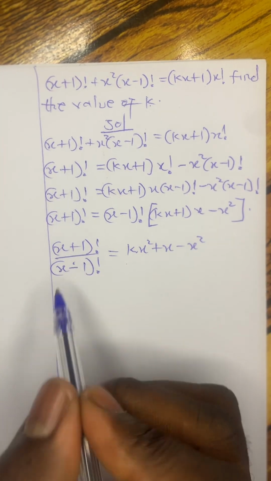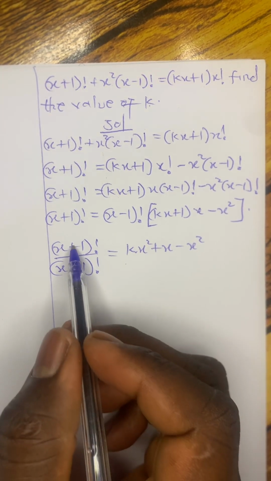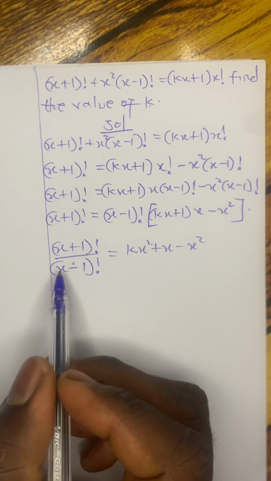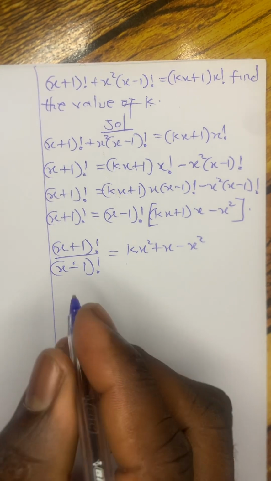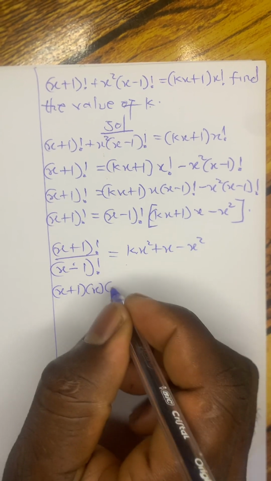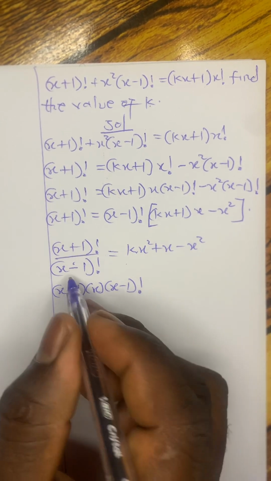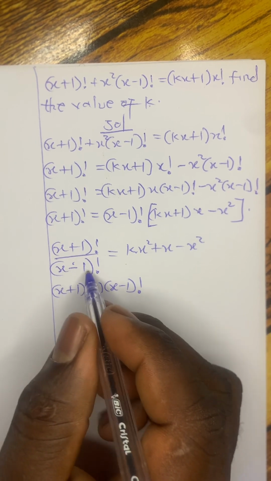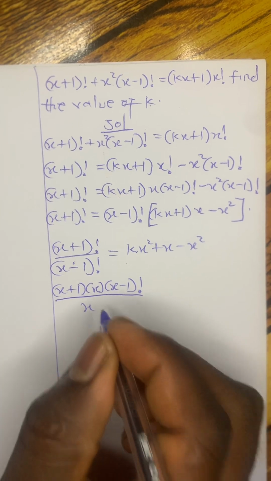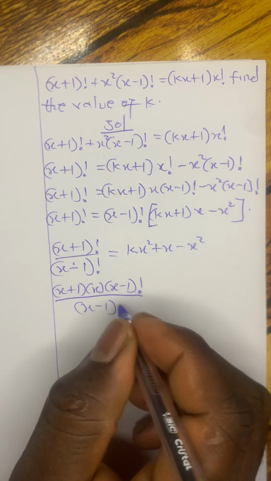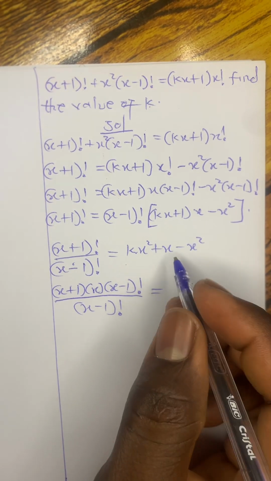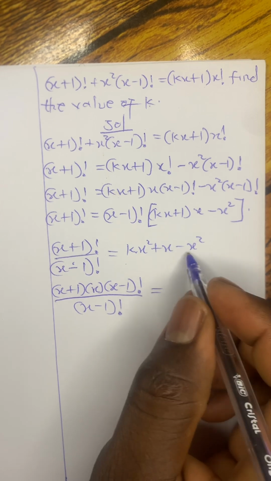So at this point, the numerator can be reduced to the extent that we get (x−1)!, and that will give me (x+1)x(x−1)!. Because I have the denominator to be (x−1)!, I'll leave this one here and divide it through by the initial denominator, (x−1)!, equal to kx² plus x minus x².